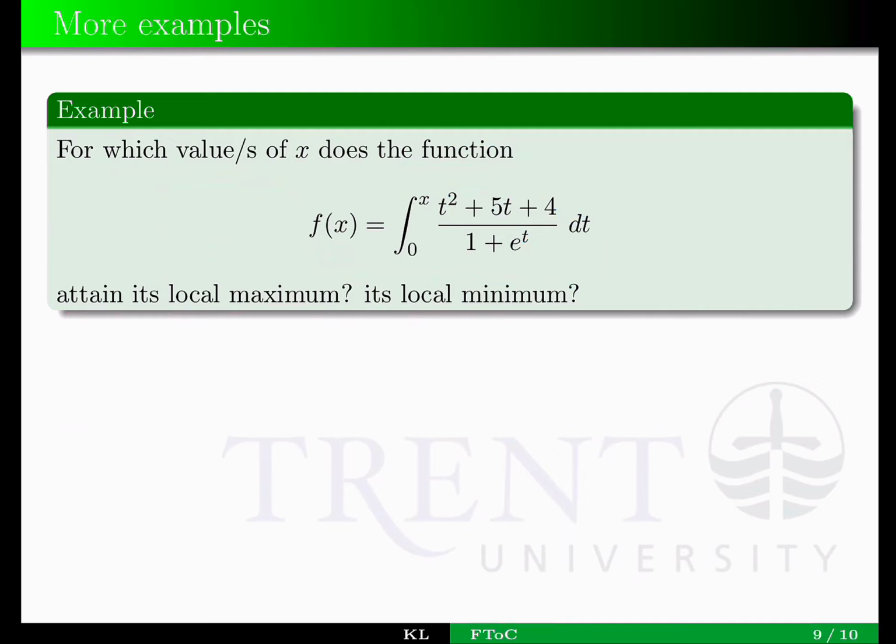This one here is just your function, and it is in terms of a definite integral. You need to get the derivative of the function by using the fundamental theorem of calculus 1, and then from there, you find your critical numbers.